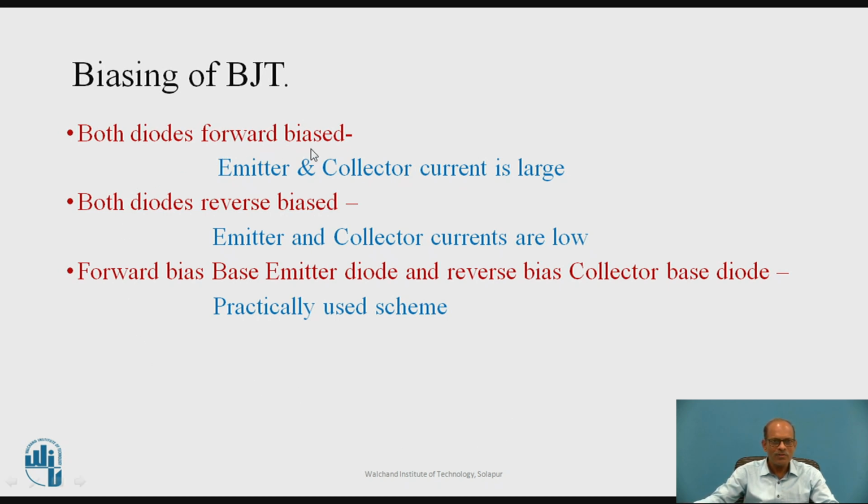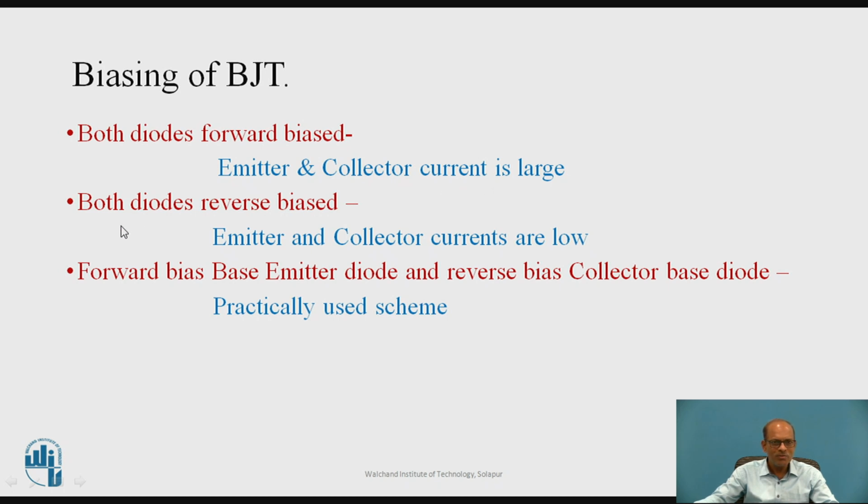So both diodes forward bias means base emitter and the collector base diode are forward bias. That is one possibility. Now if both diodes are forward bias, then the emitter and the collector current is large. Therefore there is no control over the current, and this biasing is not used.